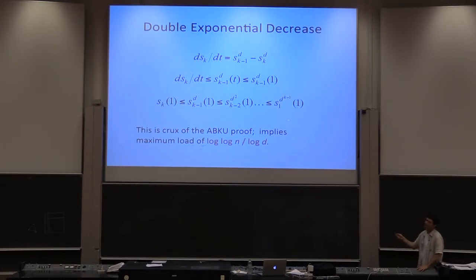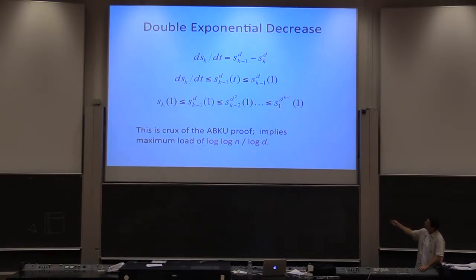Now, s_1, whatever it is, is just some fixed number. It was the fraction of bins with load at least 1. And now we're raising it to the d to the k minus first power. So notice that if I choose k to be about log n over log d, plus maybe a constant term, the d to the k here is going to be something like order log n.